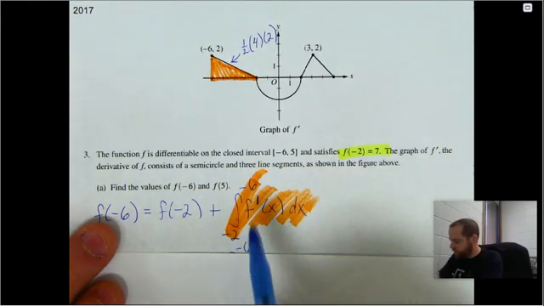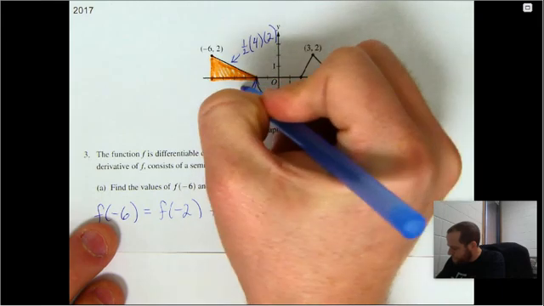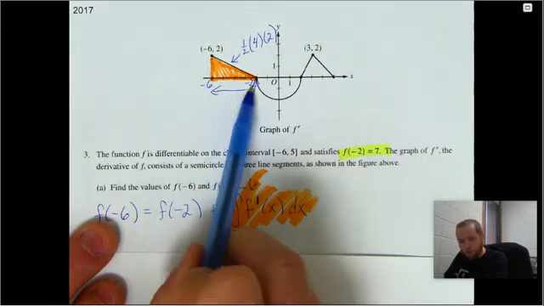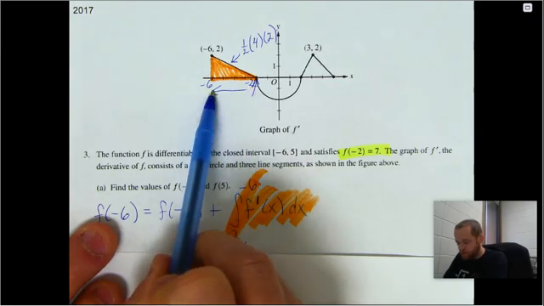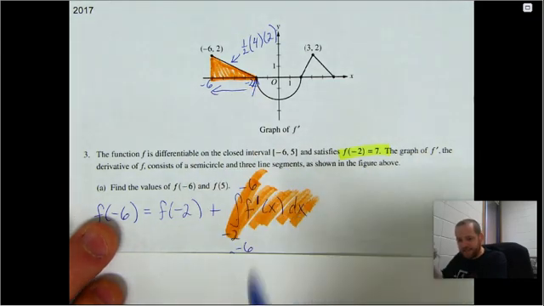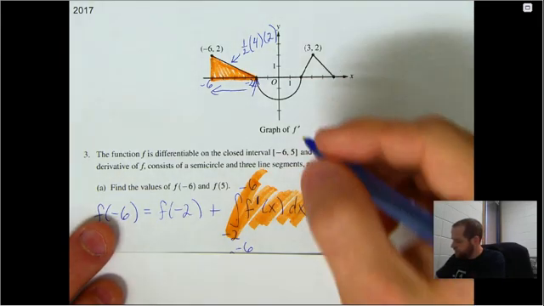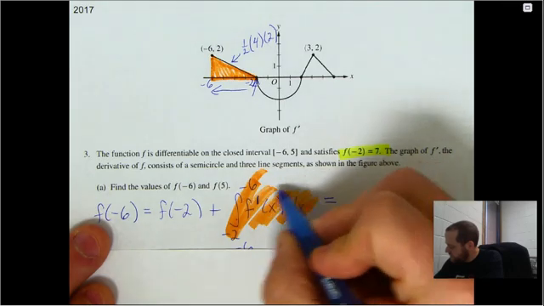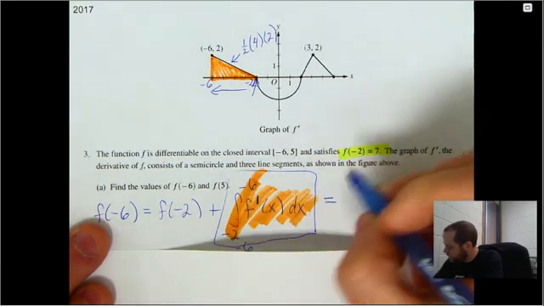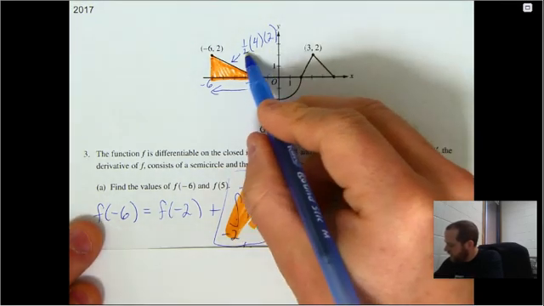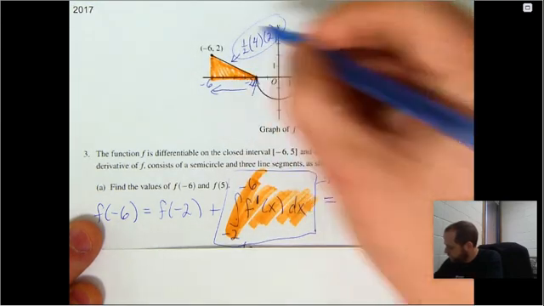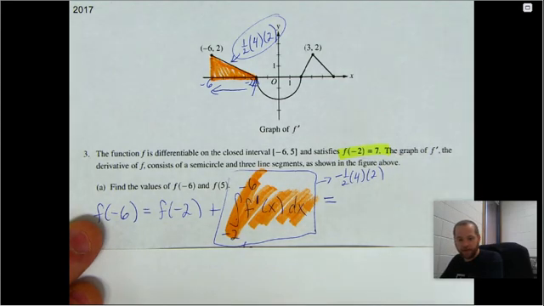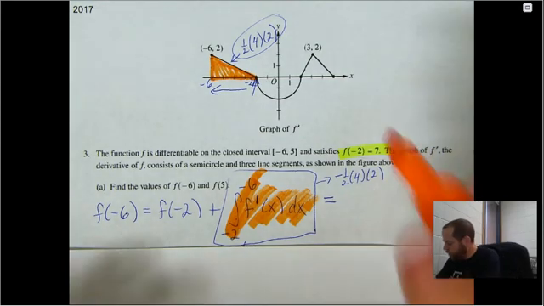But notice we're going from -2 back to -6. And when you go backwards, the change in those x's are negative. So that makes this orange value the opposite of that area. Okay? So that's the orange area.